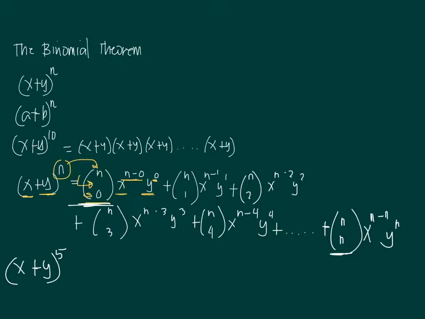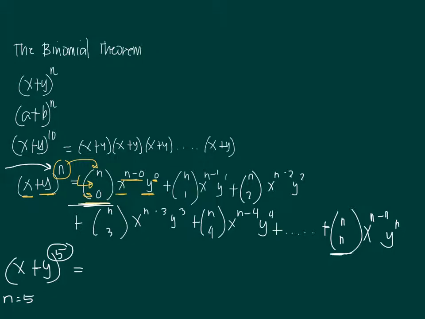But here in this video, I'm going to show how the binomial theorem can expand x plus y to the 5th. So I want you to take note that 5 here is our n, because that is the exponent. See, x plus y to the n. So our n here is 5.